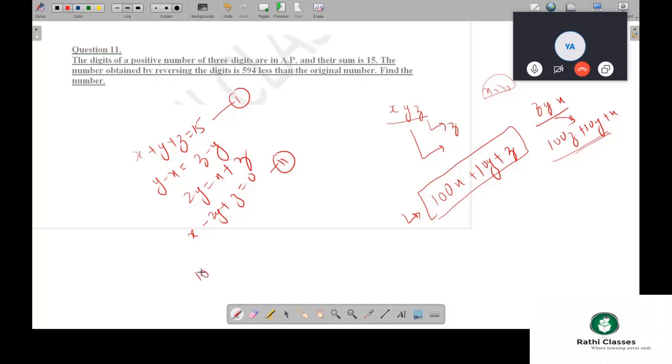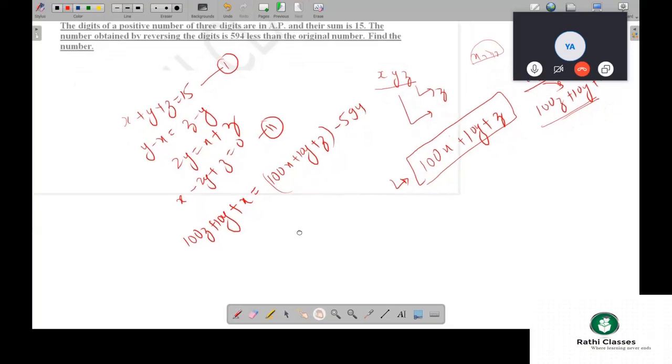That means what we will be writing is 100z plus 10y plus x, and the original number was 100x plus 10y plus z. You need to subtract 594 from the original number, and you will get the digits in reverse format. So this will help you obtain the third equation.